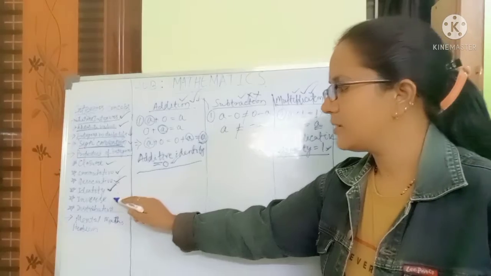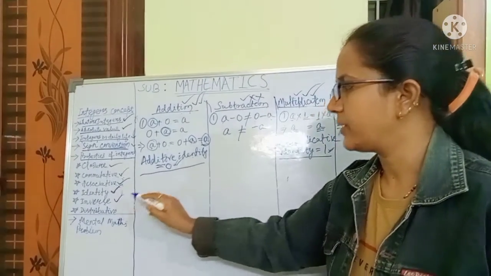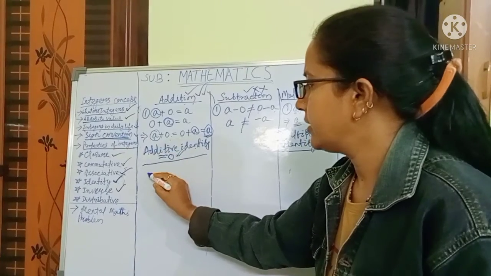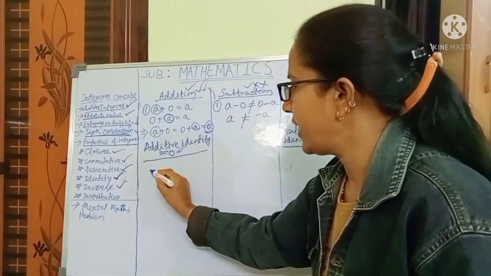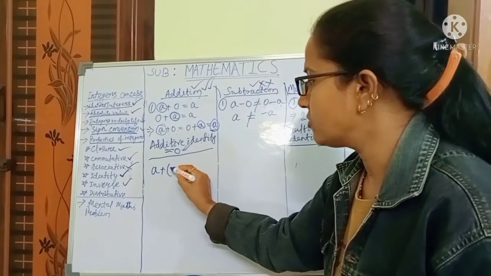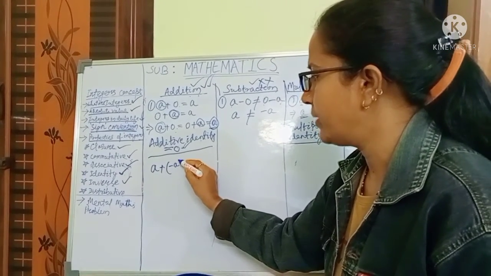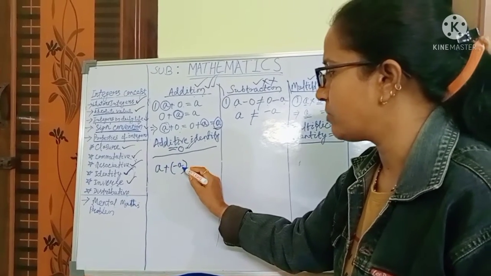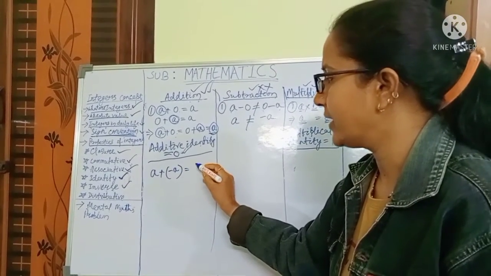The next one is the inverse property. In the inverse property, what is happening? If we take an integer a, what will the inverse value of a be? It will be minus a. If a is added with minus a, what value do you get? 0.